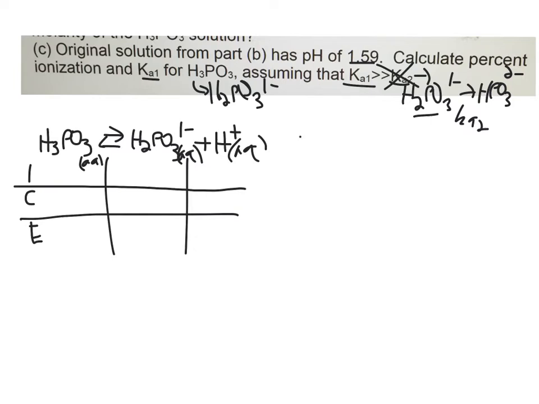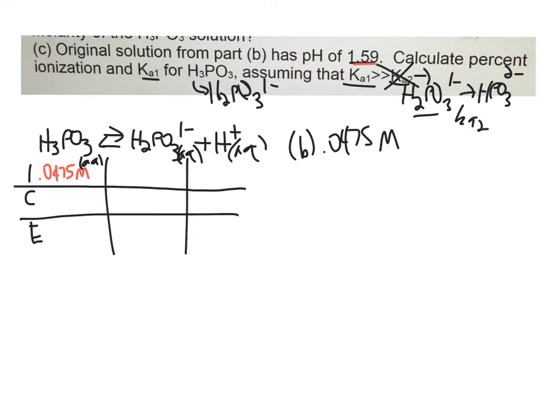So in letter B, just don't forget, we calculated the concentration of the original H3PO3 solution was 0.0475, so I'm going to put that in a different color in our box. And they are telling you that the pH is 1.59 before adding any base.